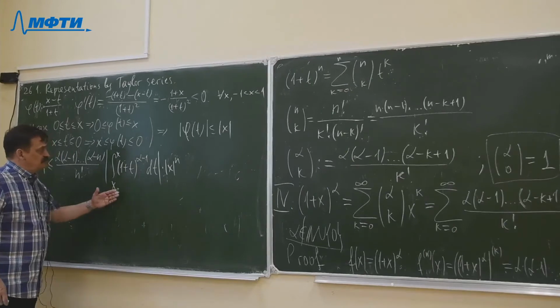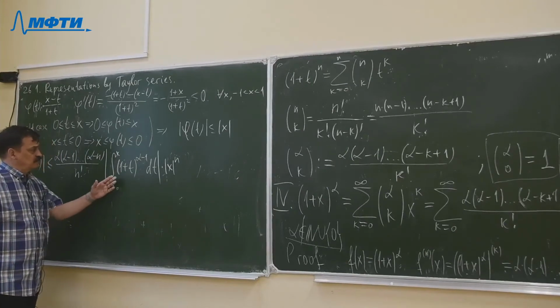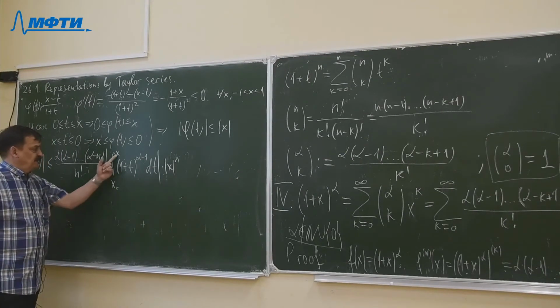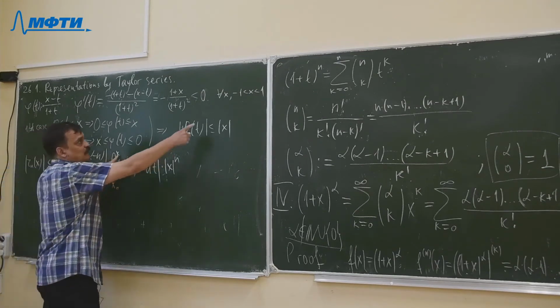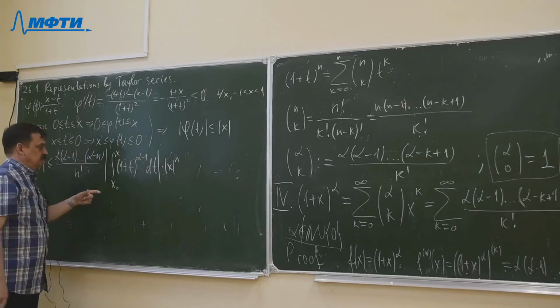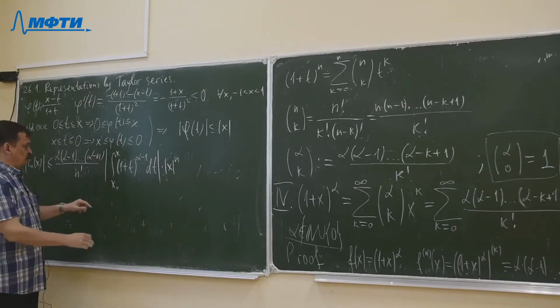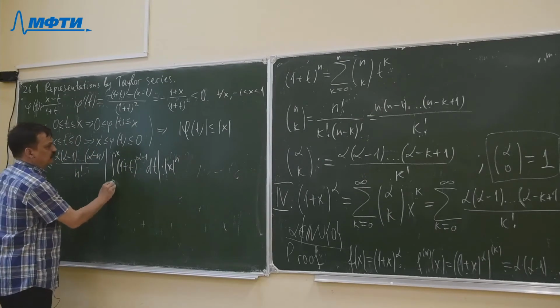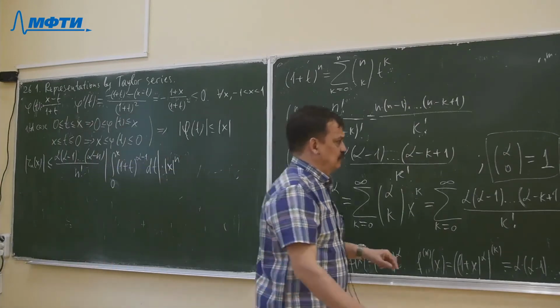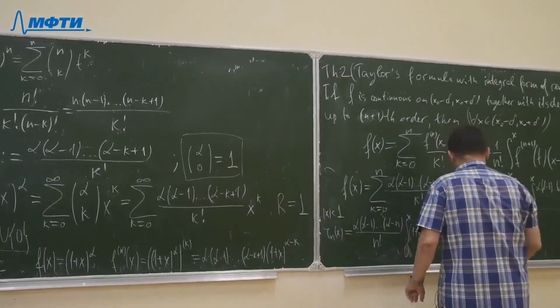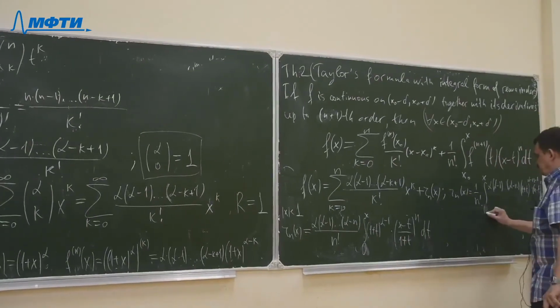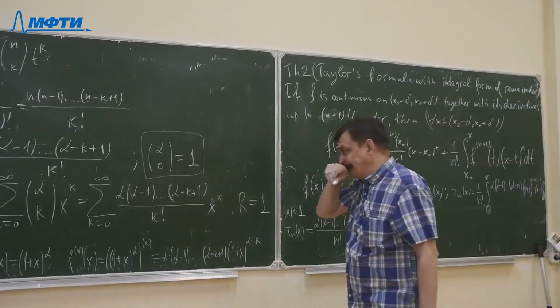This can be estimated by a constant, because look, if x is positive, then we can replace x by 1. It is everywhere from 0. I consider Maclaurin series, integrate from 0.